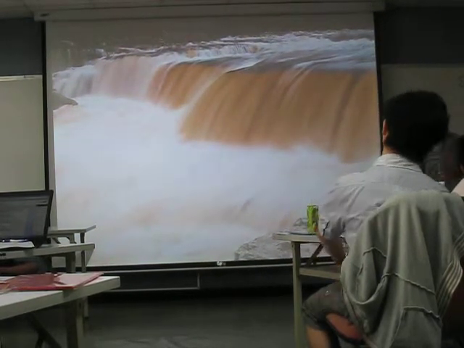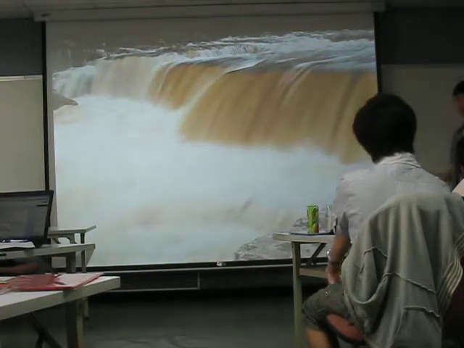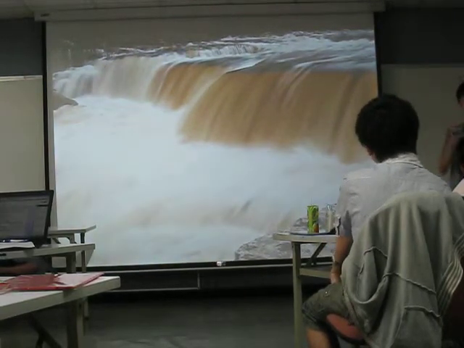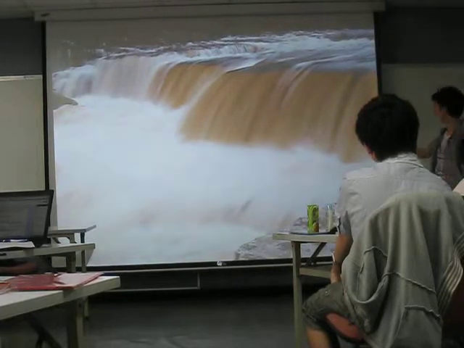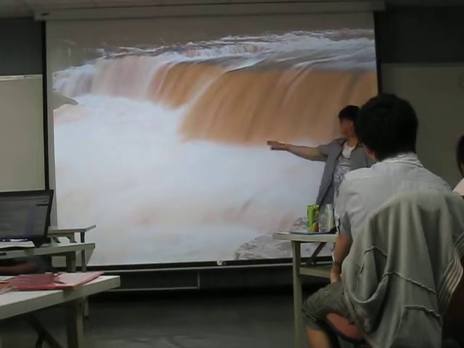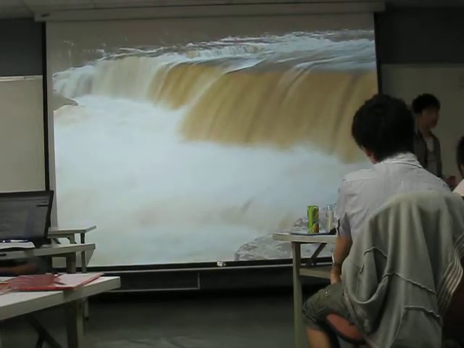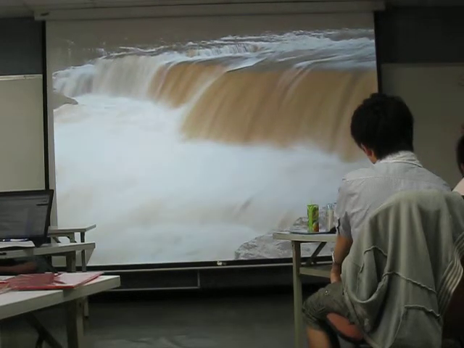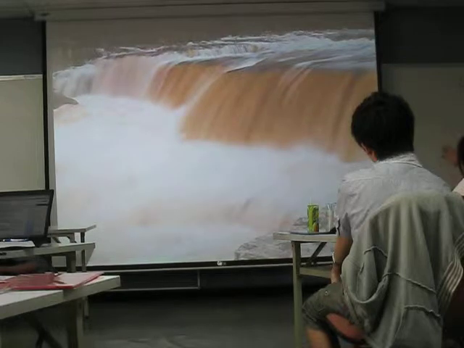Based on surveys and research, most people have their initial sight on the brown waterfall and the lines over here. That's because it is the outstanding element in this picture.